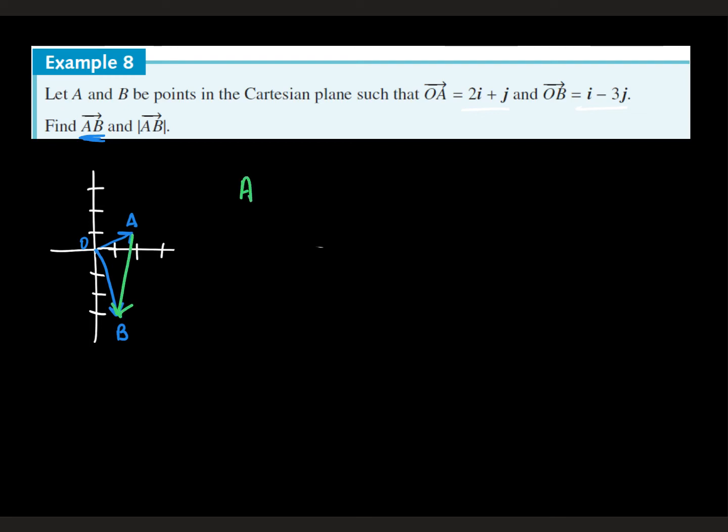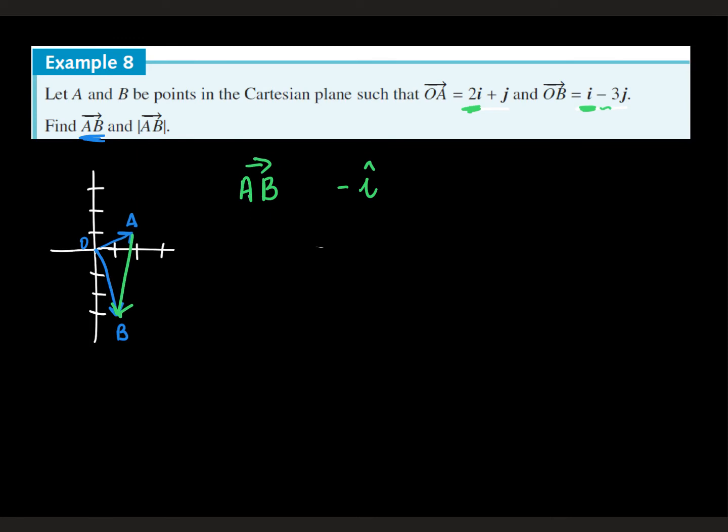Now remember that vector AB, if it's just joining up 2 points, A and B, is going to be point B minus point A. So for the i part, 1i minus 2i, that's going to be negative i.